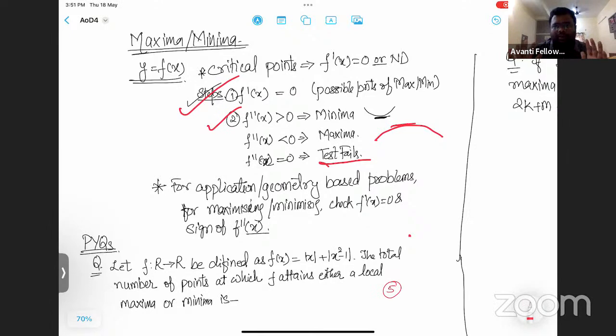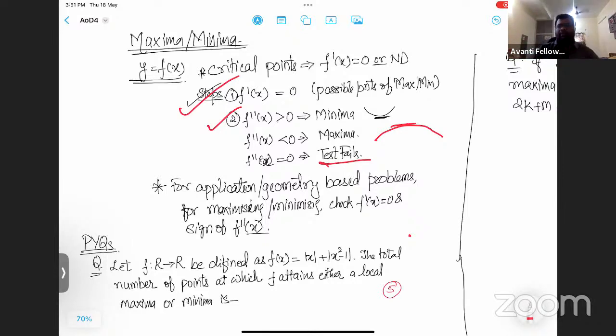Always keep in mind that wherever the words maximum, minimum, extreme, greatest, largest, smallest come, step 1 is differentiate. Write the function, differentiate it, maximize or minimize it, check. That's it. End of the story.